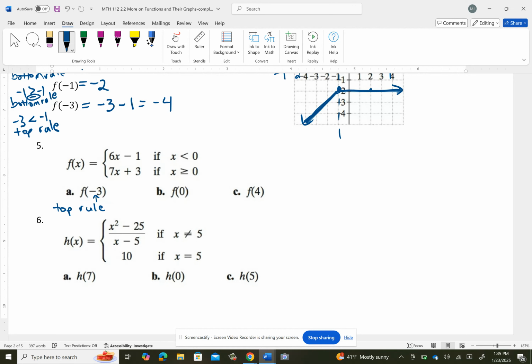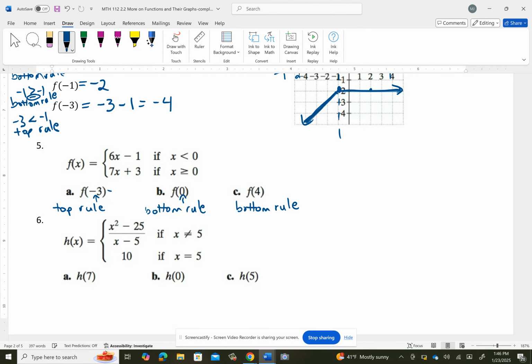Okay? I think about when x is 0, I need to use the bottom rule because that's the one that has x greater than or equal to 0. So that's the bottom rule. And then f of 4, I should also use the bottom rule because 4 is bigger than or equal to 0.